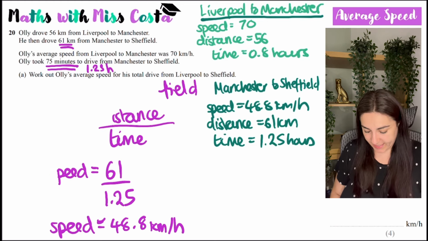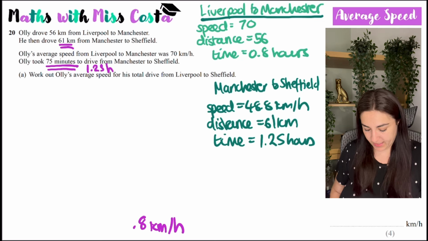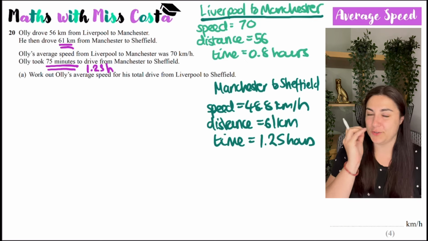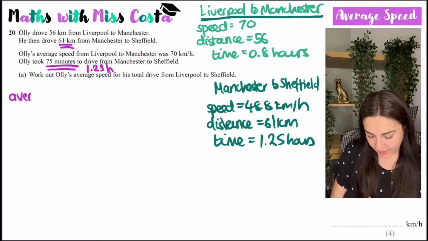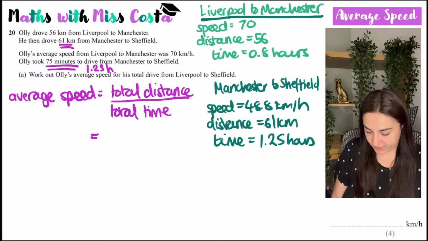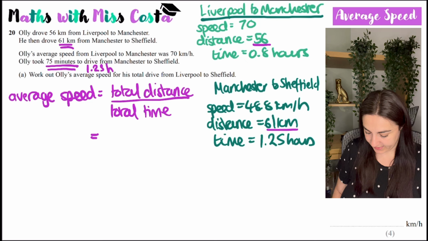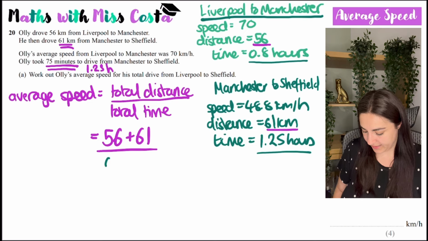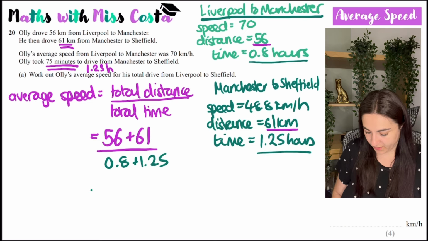So I need to work out his average speed, and to work out the average speed, it's not just work out the two speeds and then divide it by 2. To work out the average speed, you need to know the total distance divided by the total time. So the total distance is going to be 56 plus 61, divided by the total time, which is 0.8 plus 1.25.